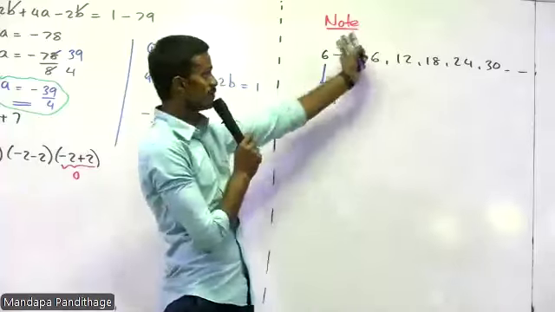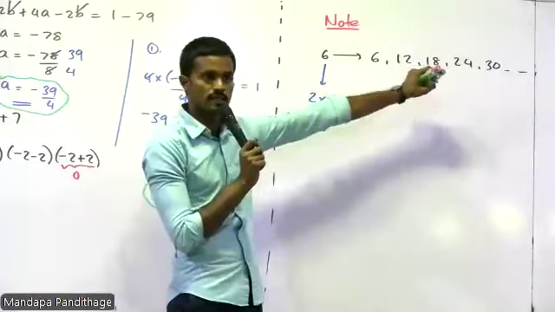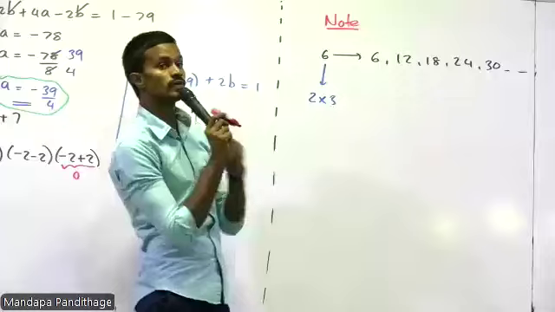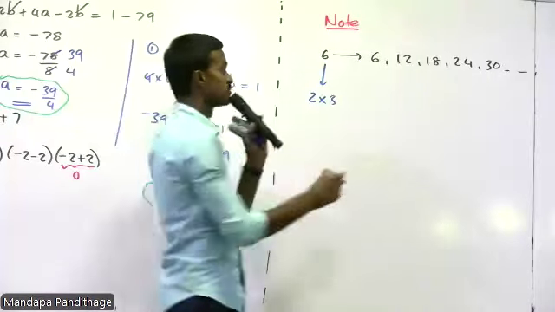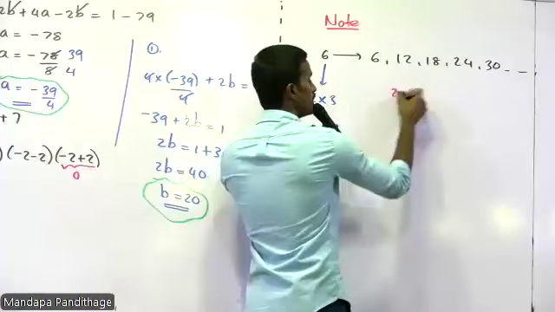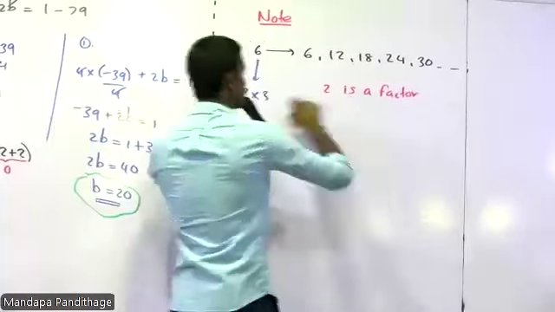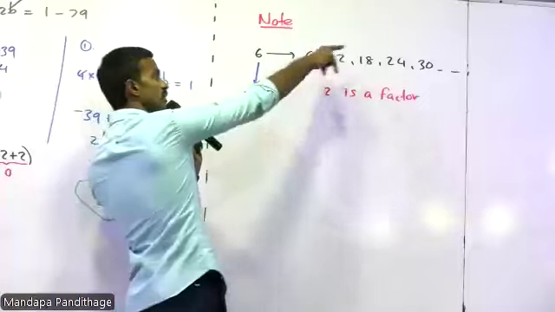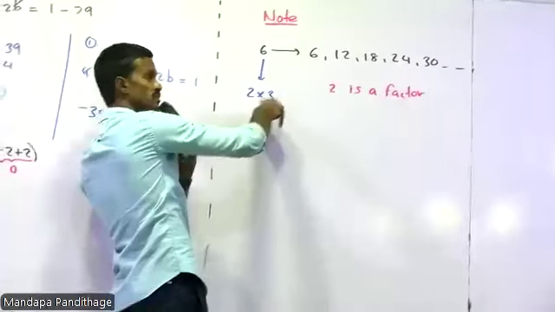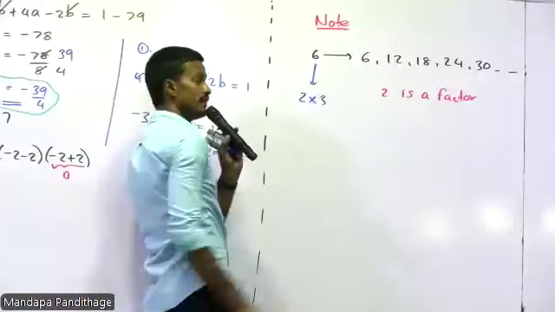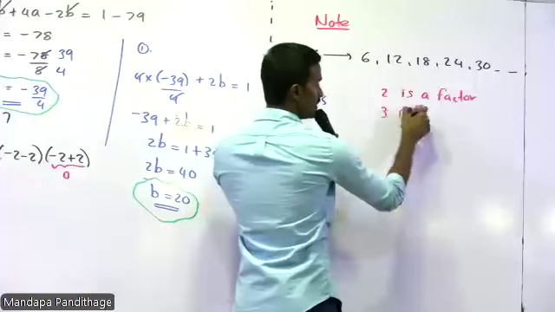I have written the multiples of 6, and 6 can be written as 2 into 3, which means 2 is also a factor of these numbers. Now what can you say about 3? You can even divide all these numbers by 3, which means 3 is also a factor.